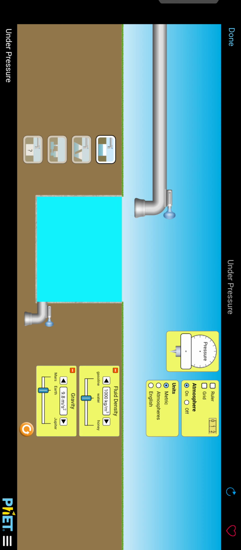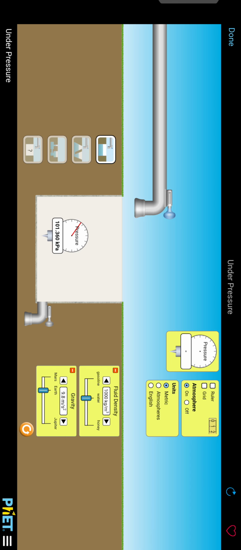Okay, let's start. Let us first remove the water. We can use this in order for us to measure the pressure. So let's fill it.